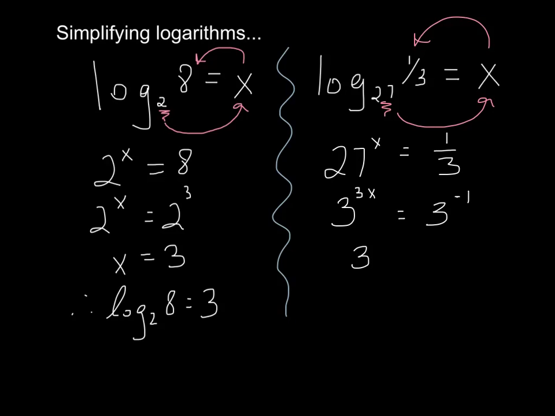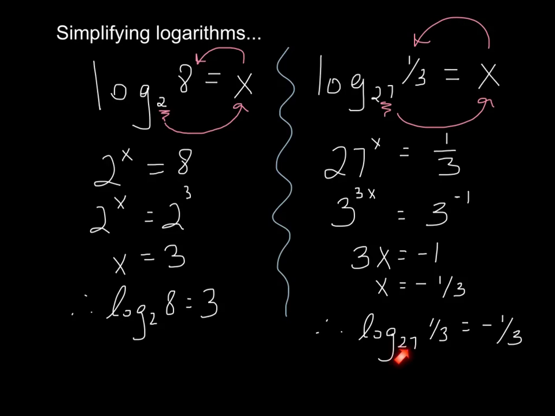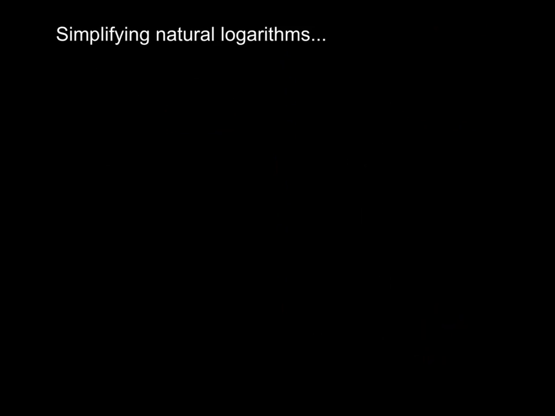So that means that 3x equals negative 1 and x equals negative 1/3. So log base 27 of 1/3 is equal to negative 1/3. This means that if we raise 27 to the negative 1/3, we would get 1/3.